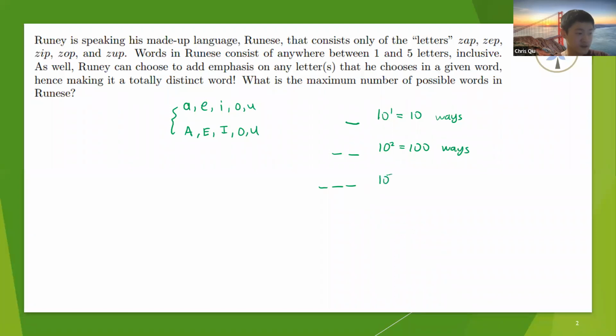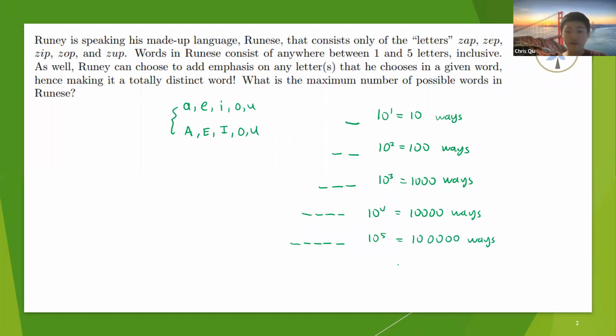And then there are 10 cubed ways to create a word with 3 letters, 10 to the 4th ways to create a word with 4 letters, and last but not least, 10 to the 5th ways to create a word with 5 letters.